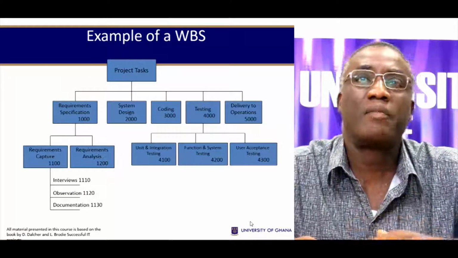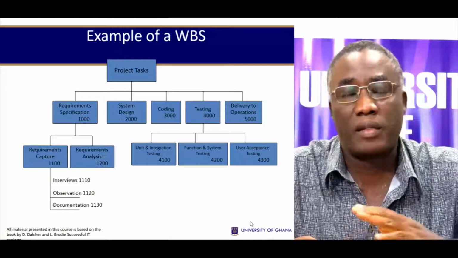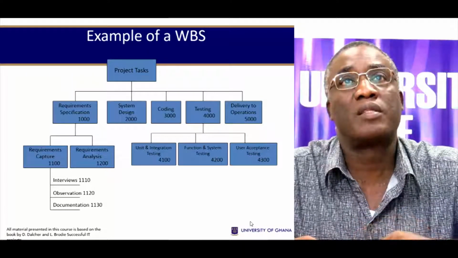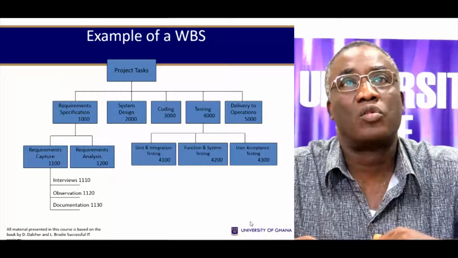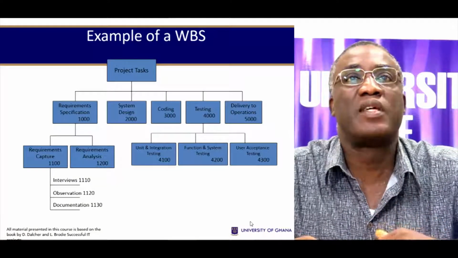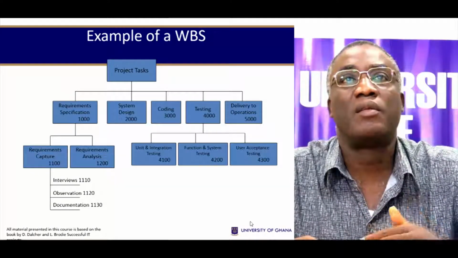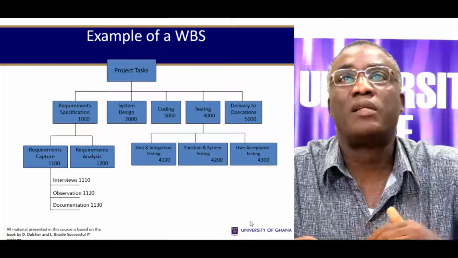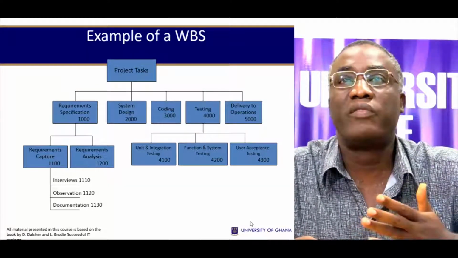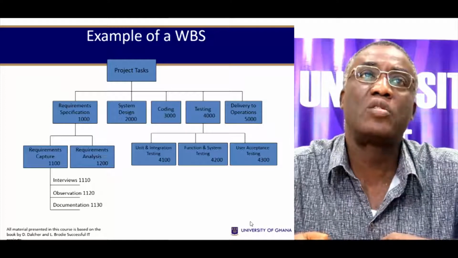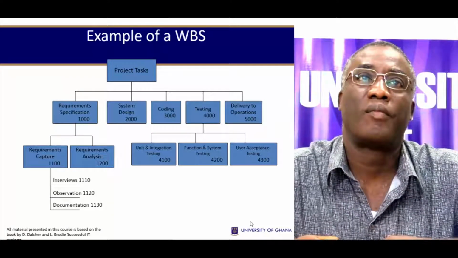This diagram is a tree structure of a WBS. The project task will include requirement specification, system design, coding, testing, and delivery to operations. You can see each of these is coded.